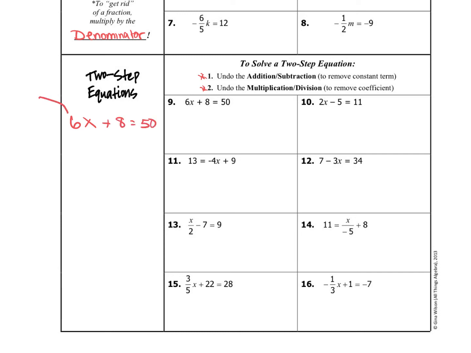We know that 6 is the coefficient. X is the variable, which we want to get by itself. And 8 is the constant. Okay, make sure you write that down. Maybe I'll bring this down here. 8 is the constant.